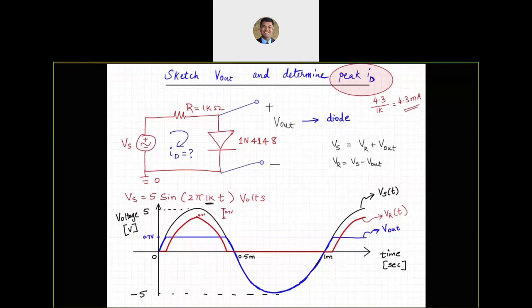But on the positive side, 0.7 is going to be the value for the Zener diode and the small signal diode, which is the 1N4148. However, it is going to be different for example for light emitting diodes. For light emitting diodes, in fact, it depends on the color of the diode as well. For example, and I may be wrong with the numbers here, the red LED usually requires about 1.6 volts to turn on.